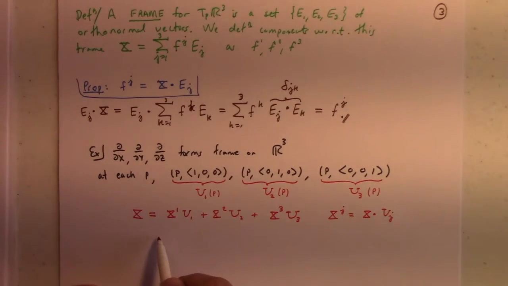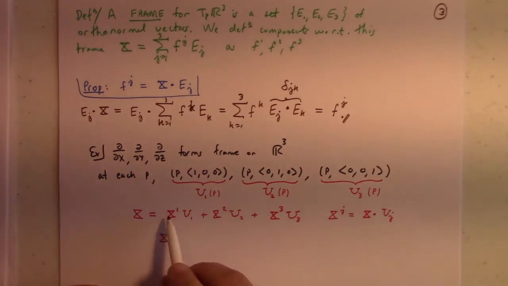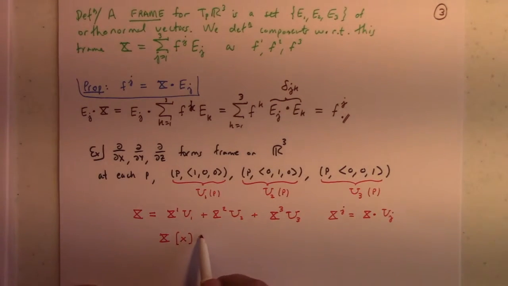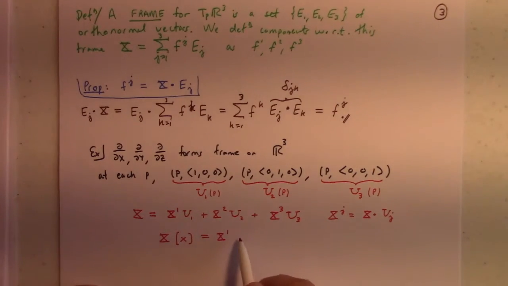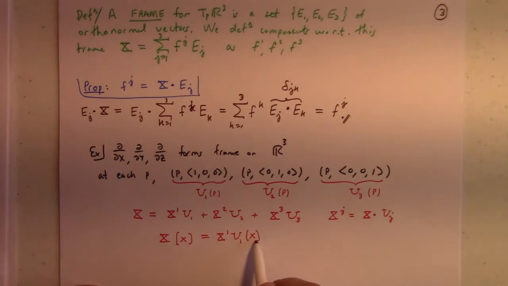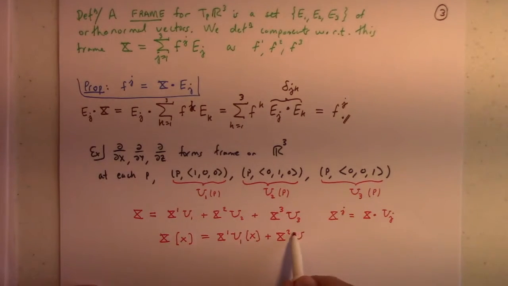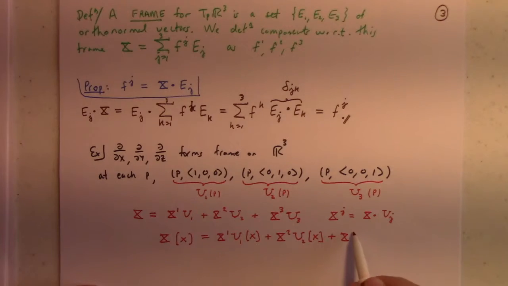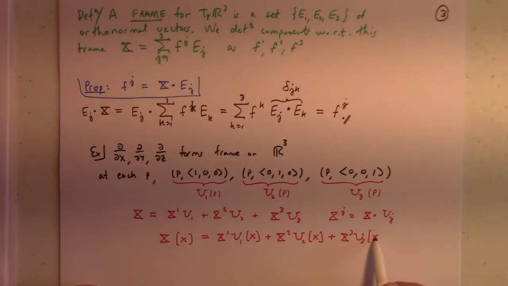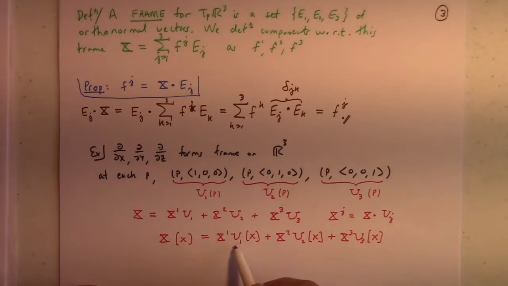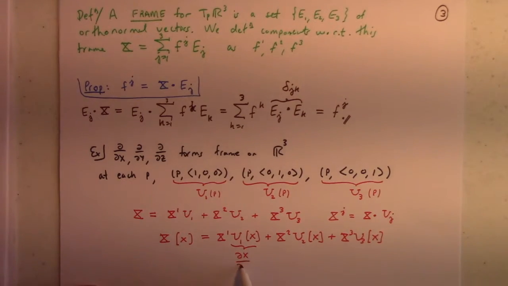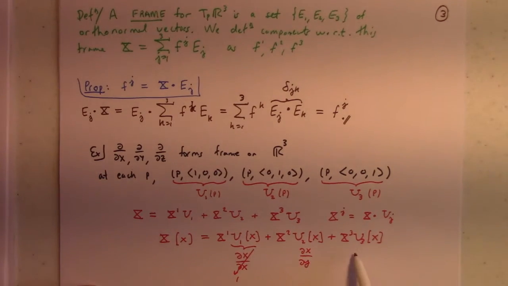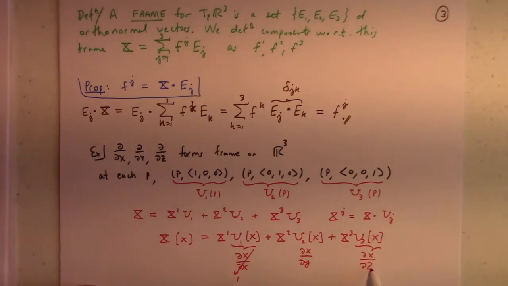In particular, you could think about the vector field x acting on, say, the coordinate function x, right? And so that'd be like x1 u1 of x, plus x2 u2 of x, sorry, so many x's, plus x3 u3 of x. And if I was to do that, well, this is just another notation for partial x, partial x. Of course, that's 1, whereas this would be partial x, partial y, and this is partial x, partial z.